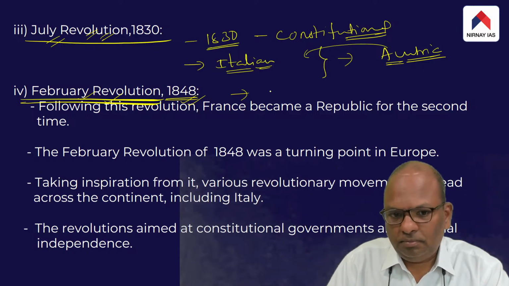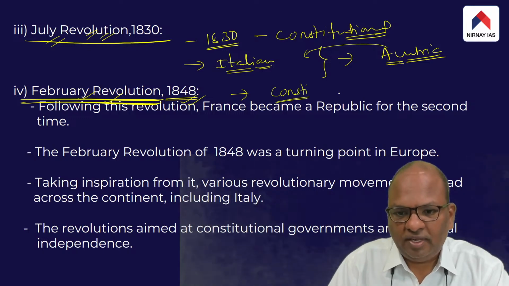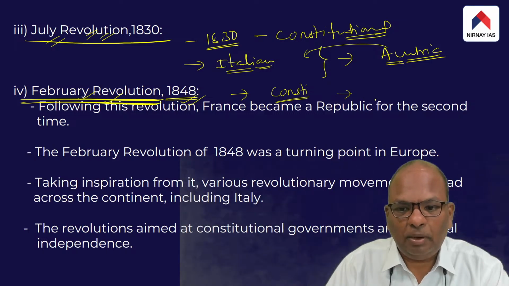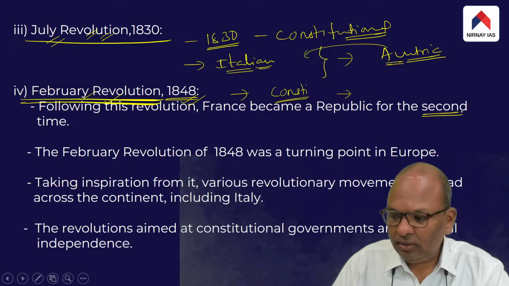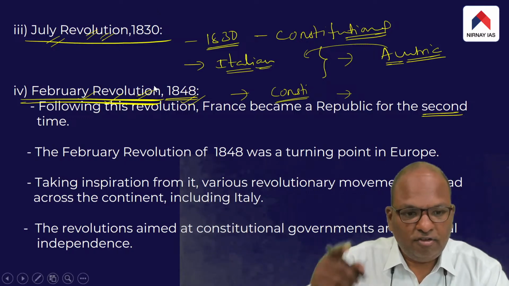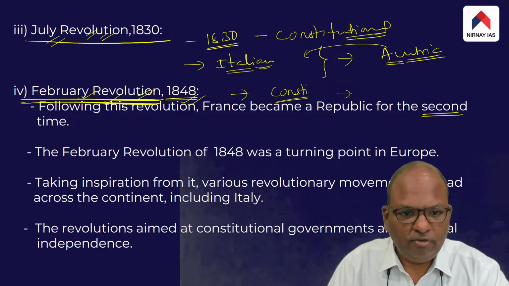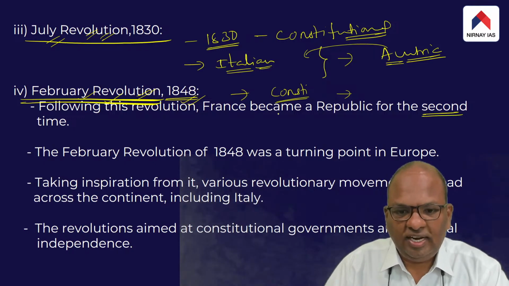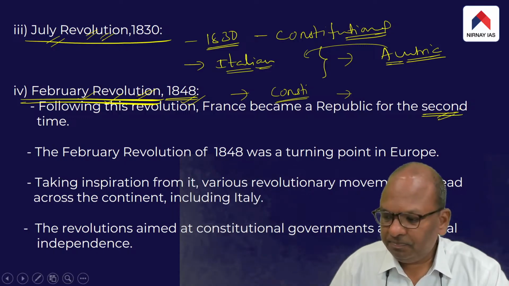This time, in 1848, even the constitutional monarchy was abolished and France was declared a republic for the second time. Let me repeat, this was a revolution in France, not in Italy.